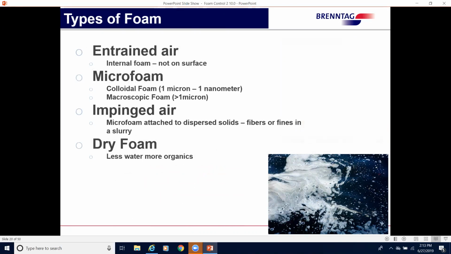And the last foam that we have here on this slide is dry foam. Dry foam is just like it sounds. There's less water and more organics present. This one, like we touched on earlier, can be pretty tough to treat because getting your defoaming agent to it can be a challenge. A good example of this would be foam buildup on the side of a tank.